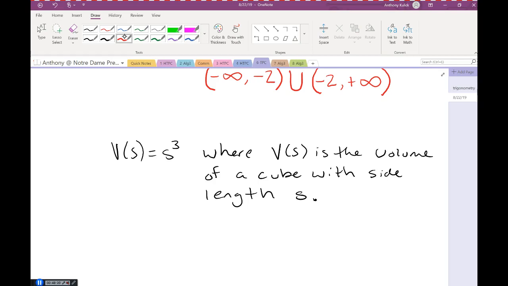Which one is the independent variable? Which one goes with the domain? S. Okay? What is S representing? A side length. So what values should S be limited to? What are you looking for? Yep. So what values is S limited to if it's a side length?